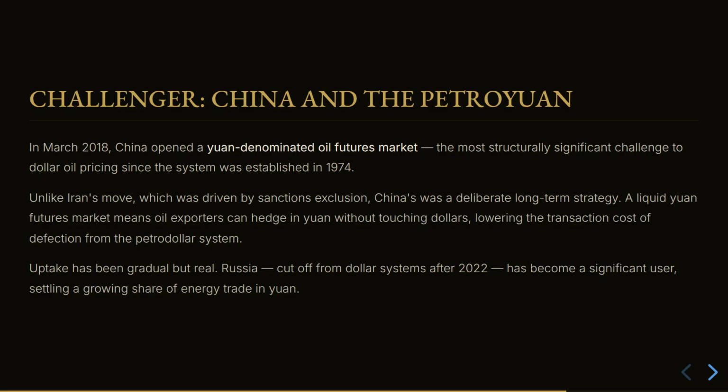A liquid yuan futures market means oil exporters can hedge in yuan without touching dollars, lowering the transaction cost of defection from the petrodollar system. Uptake has been gradual but real.